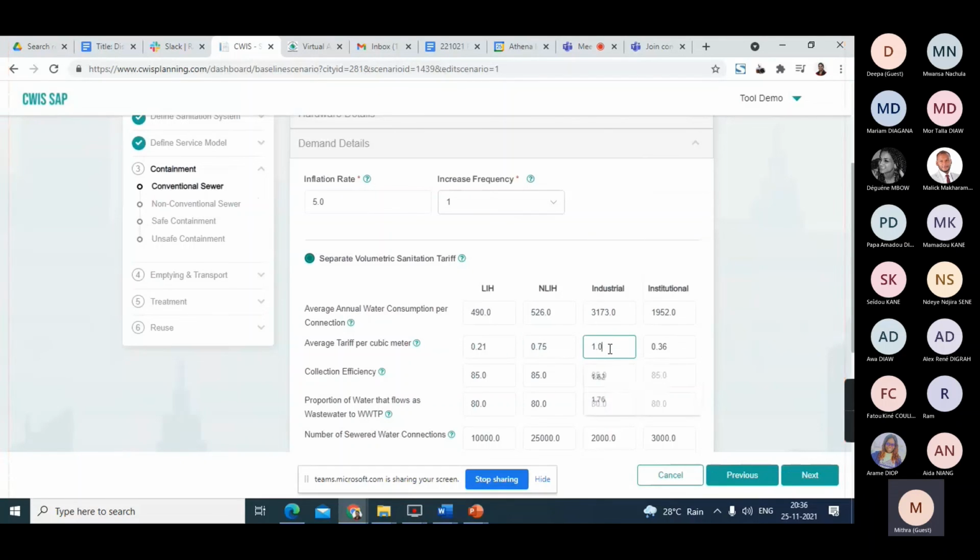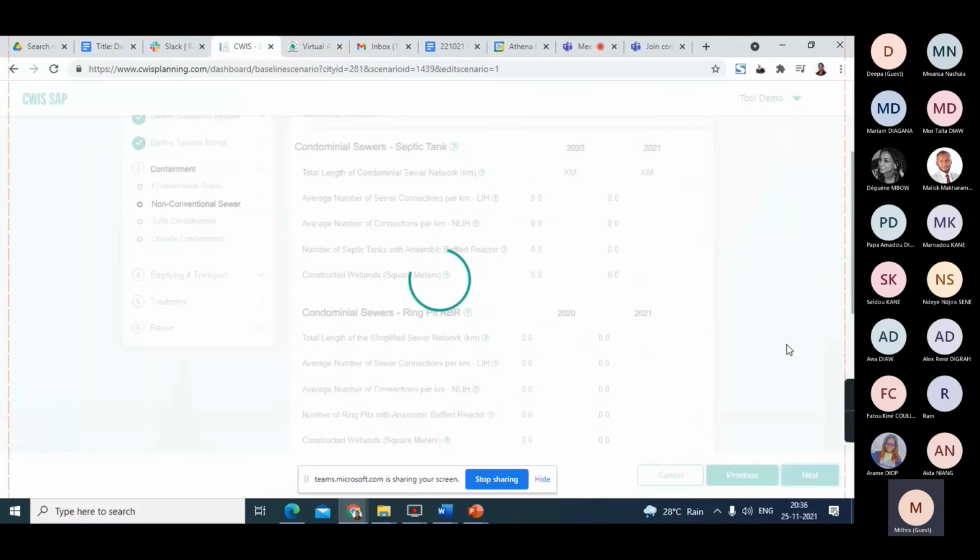I'm going to increase it to 1.0 per meter cube for the industrial as well as the institutional, and see how this improves my cost coverage.